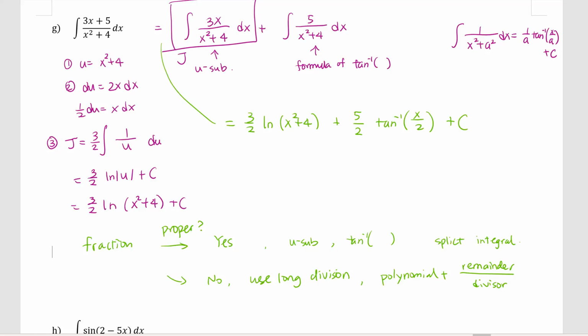For the polynomial, we're able to integrate, and when we have a remainder over the divisor, this guy is proper. Then you can go back to either split the integral, use U-substitution, or arctangent to solve the problem. Okay, so far so good, everybody.